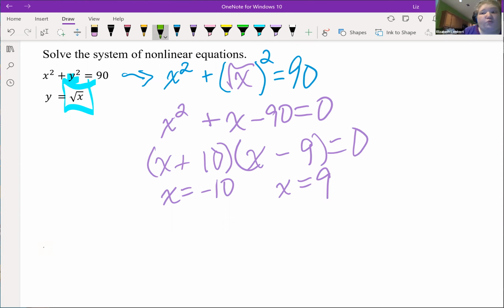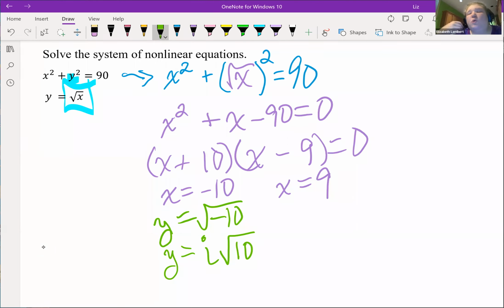I mean, like, I can write it. y equals the square root of negative 10. And then what happens? Like if you type this on the calculator, it goes error. This is technically an imaginary number. When we ask you to solve systems, we only want real answers until you get to like way high level math. So this, we toss it out because we didn't get a real answer out of it.